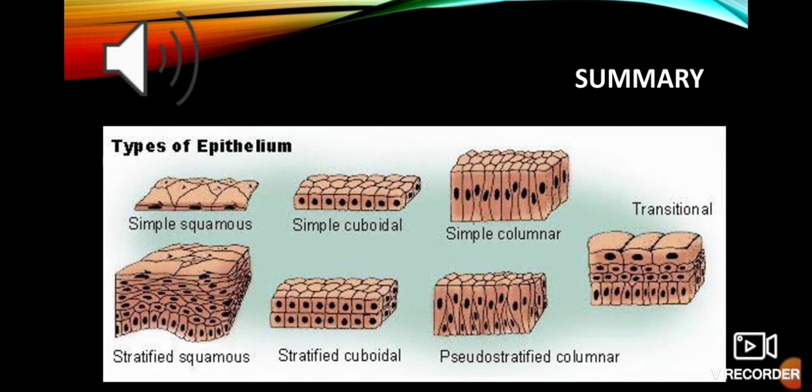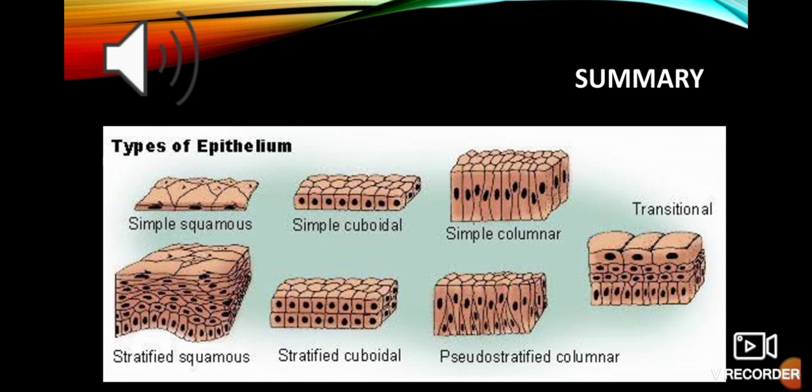The second type of epithelial tissue is the cuboidal epithelial tissue, cube-like in appearance, again of two types: single layer simple cuboidal tissue and the multi-layer stratified cuboidal epithelial tissue.